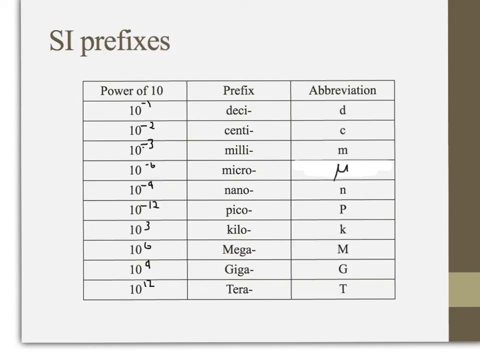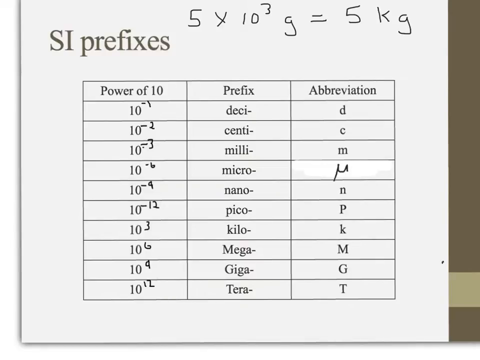In the SI system, prefixes are often used rather than writing out the engineering notation. A unit prefix is actually a symbol that goes in front of the basic unit to indicate a decade multiple or fraction of the unit. So, for example, instead of writing 5 times 10 to the third grams, I could write 5 kilograms.